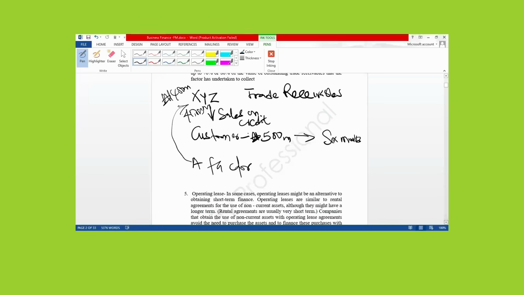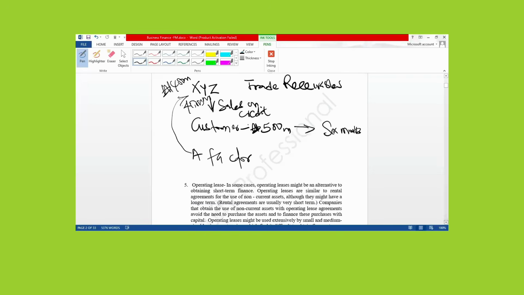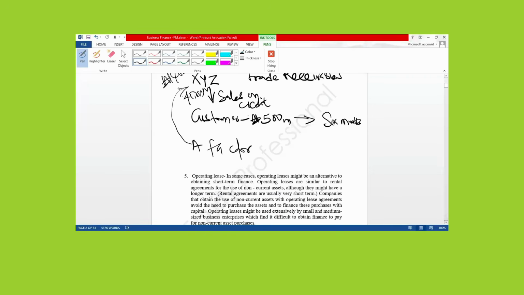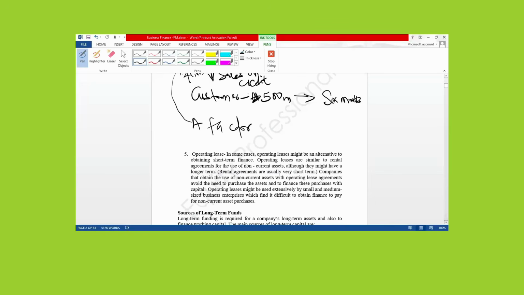We continue. We are now looking at long-term funds.